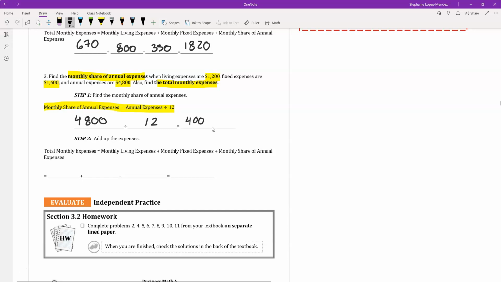Okay, so in step number 2, we use the first formula that we were using before, which is for the total monthly expenses.